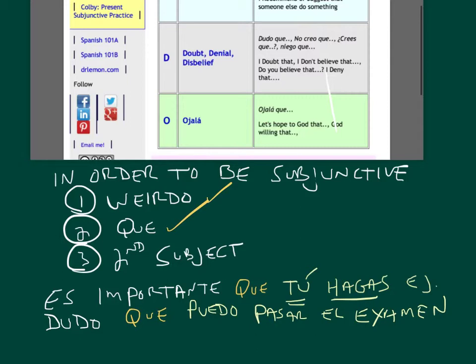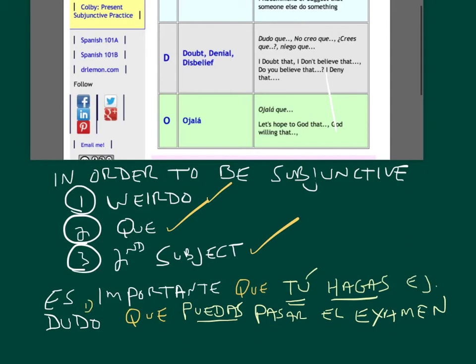How many subjects are there? There's only one subject. So, because it didn't meet the third requirement, this verb here is not in the subjunctive. However, if I were to change that, and I said, yo dudo que tú puedas pasar, now it's in the subjunctive because now I satisfied all three requirements and there are two subjects.